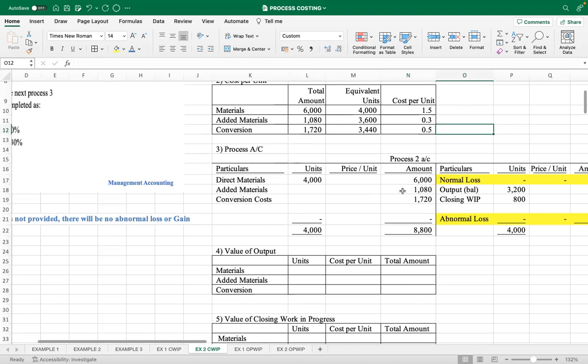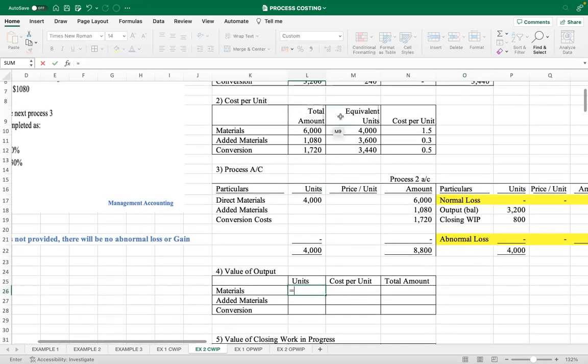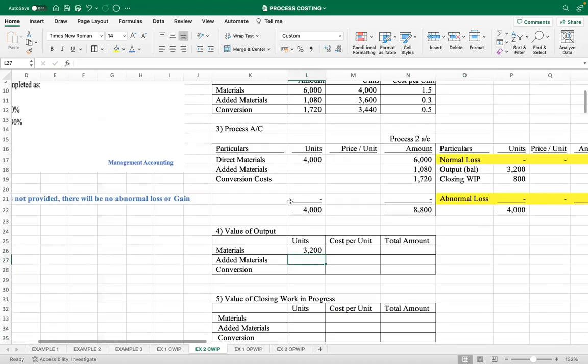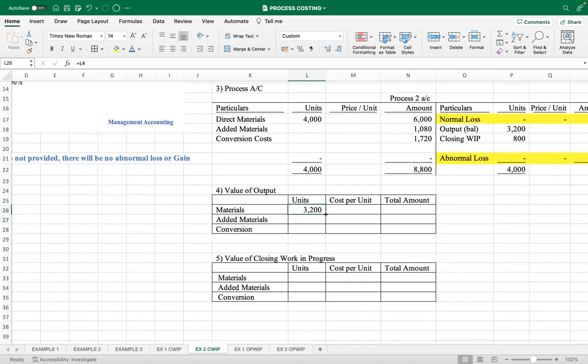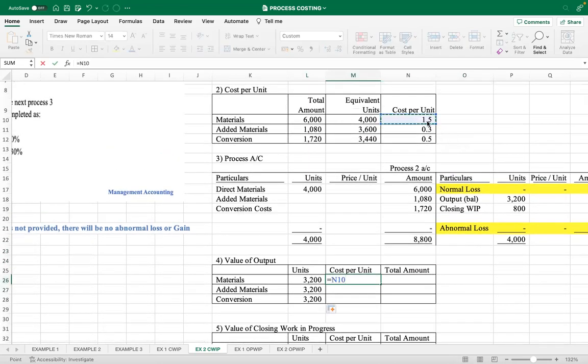So next we need to find the units of output from the equivalent unit statement. Units of output from equivalent unit statement is 3,200. What is the cost per unit? We have already calculated cost per unit there. So our cost per unit is that.